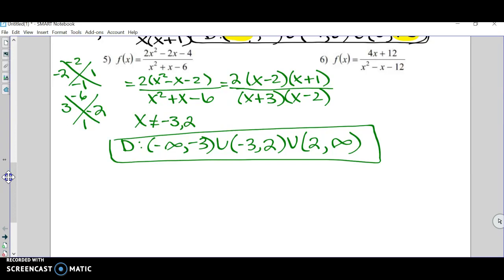Because sometimes we have to simplify, your domain restrictions will always be there even if I simplify. Say for instance, you said, ooh, I see these two can get crossed out, and then you try to find your domain restrictions. Are you going to have both of them if you cross them out? No, you're going to miss one of them, okay? So make sure you are always finding domain before you simplify, okay?